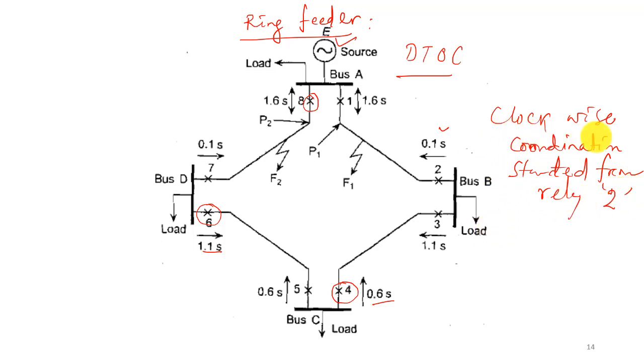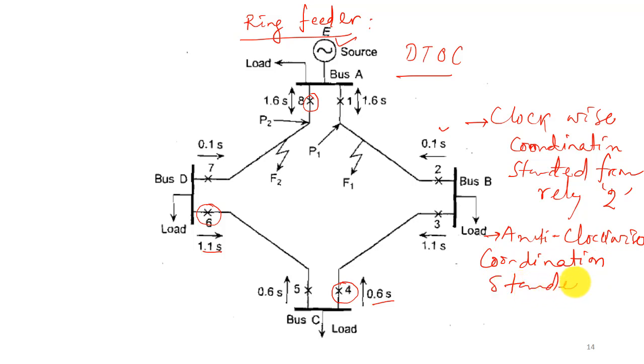And the anti-clockwise coordination started from relay 7. Okay, any relay you can consider, but in this figure it started from relay 2 and relay 7. We'll see in detail how to coordinate the inverse definite minimum time relay in future classes.